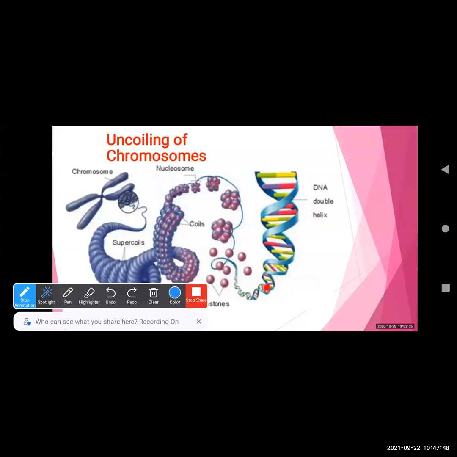This DNA is coiled around proteins called histone proteins. This ball-like structure which you can see, these are histone proteins, right? Histone proteins gather like this, and around them the DNA is coiling, and it is highly coiled. You can see here, the DNA is coiled around these histone proteins, and that way it is highly coiled, and it is then placed inside the chromosomes, right? So chromosomes are mainly made up of DNA and the histone proteins.